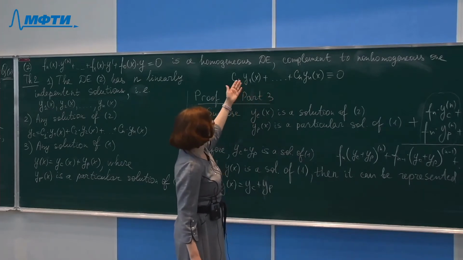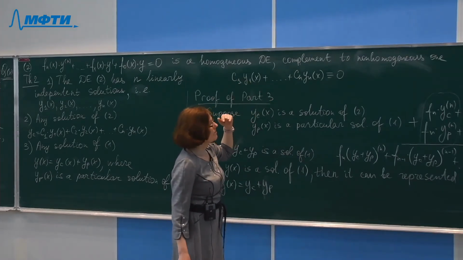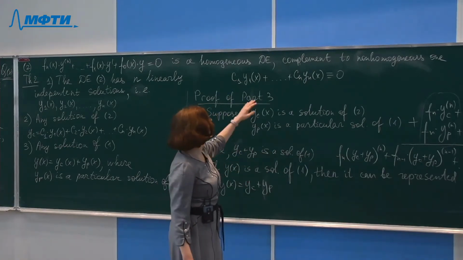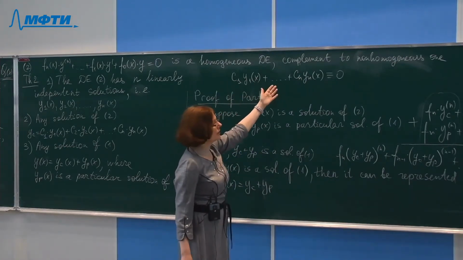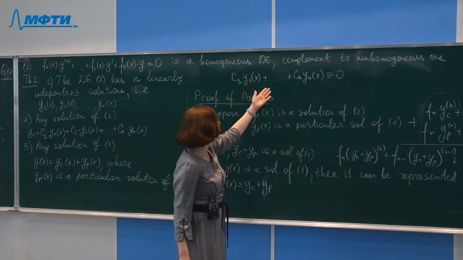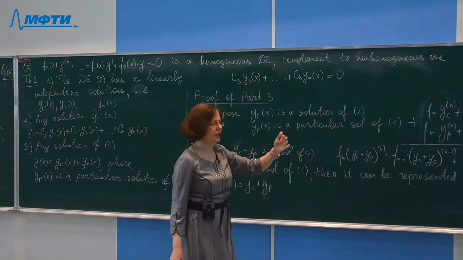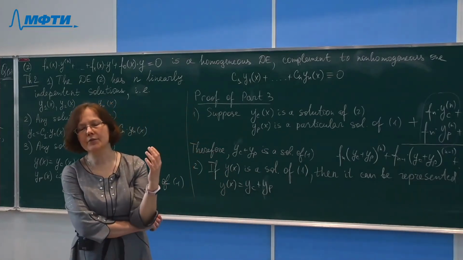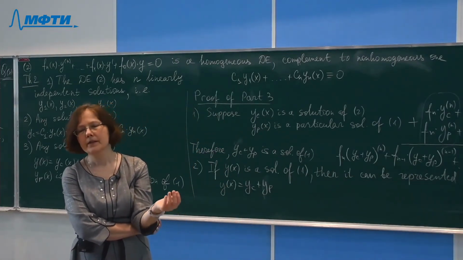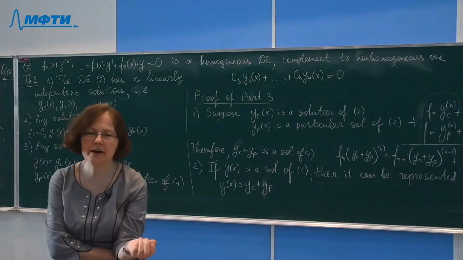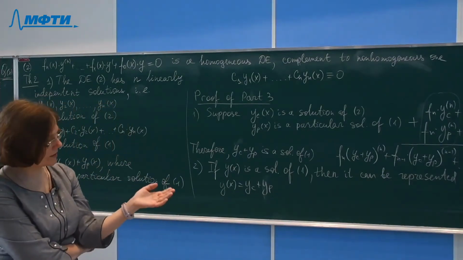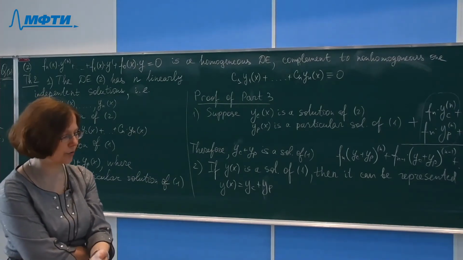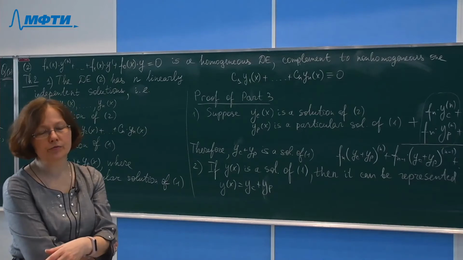It's a very complicated job to try to find non-zero coefficients such that this linear combination is equal to 0, or prove that these coefficients do not exist. It's a very hard job, and so Wronskians will help us, and I want to develop the theory of Wronskians.